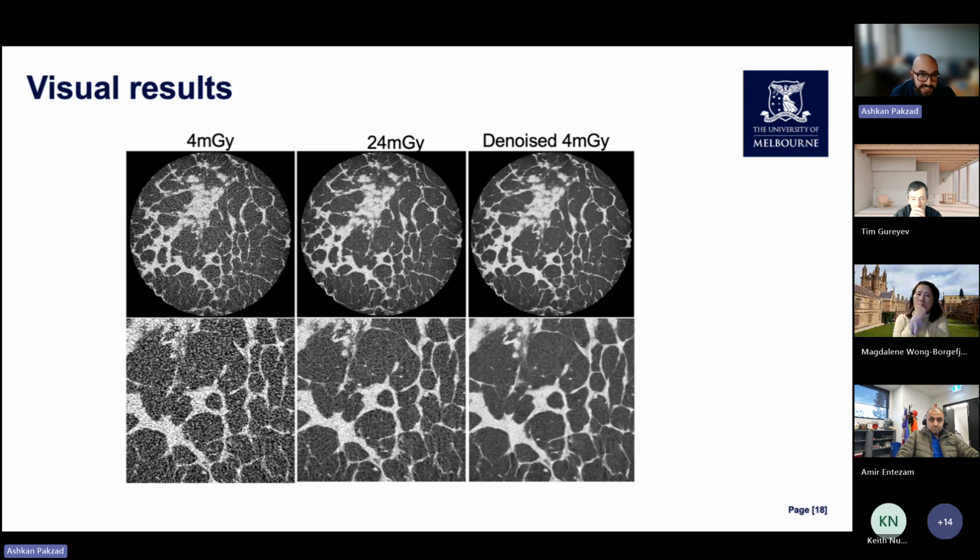Looking at the visual results, we can see how we can start to resolve these small structures, which, for example, these white stroma lines are starting to become visually discernible, and that's telling us that with this visual reduction in noise, we're also not losing the resolution, which is the real challenge, as we can see from before. And radiologists are looking for the morphology in that and the shapes that we can see.